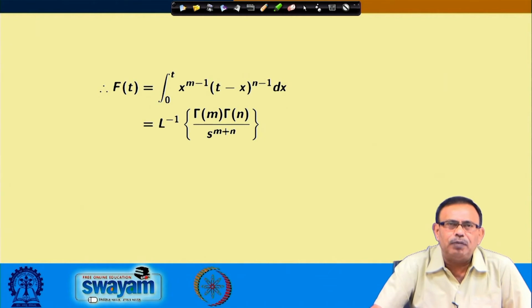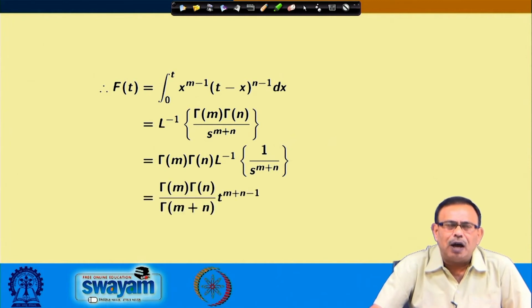So, f(t) will be Laplace inverse of gamma m gamma n by s to the power m plus n. Now, gamma m gamma n I can take outside, so that it becomes Laplace inverse of 1 by s to the power m plus n, and the Laplace inverse of 1 by s to the power m plus n is 1 by gamma (m plus n) into t to the power m plus n minus 1.